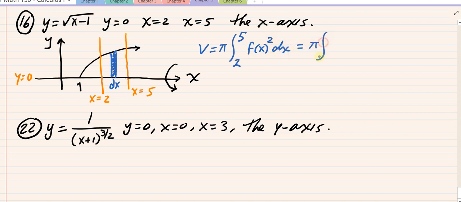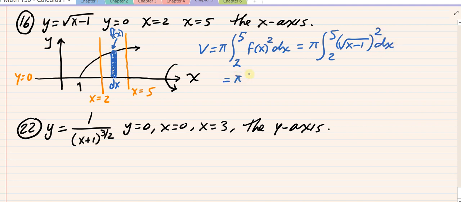So it's pi, integral from 2 to 5 of root x minus 1. That gives you the radius, by the way. That's the distance from the x-axis to a point here. That's going to be f of x, right? The height is given by f of x, which is root x minus 1, squared, dx.